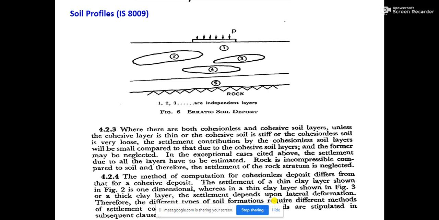So primarily you will have to concentrate on the cohesive soil layer.